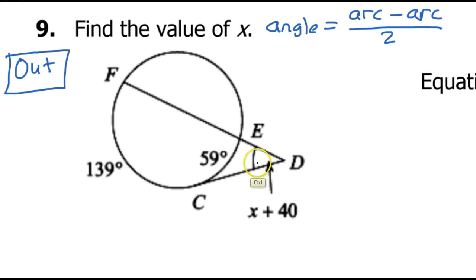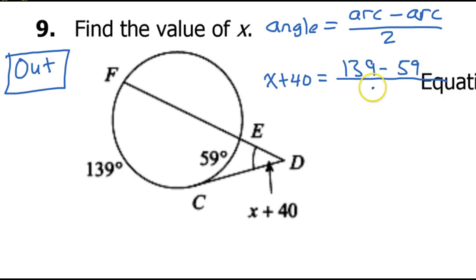They gave us an expression for the angle, that is x plus 40, so I'm going to put x plus 40 first. Now the big arc is 139, the small arc is 59, and that's all going to be divided by 2.